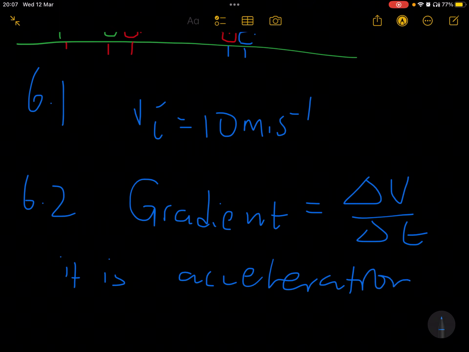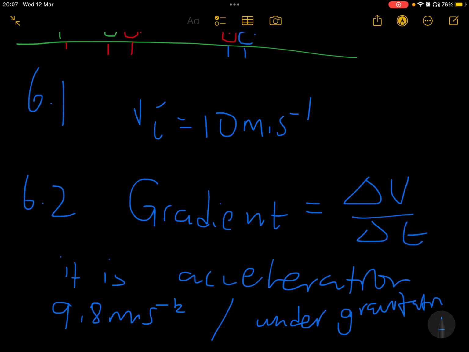Since we are told that it's constant, that means 9.8 meters per second squared. Why? The whole motion is under gravitational acceleration.